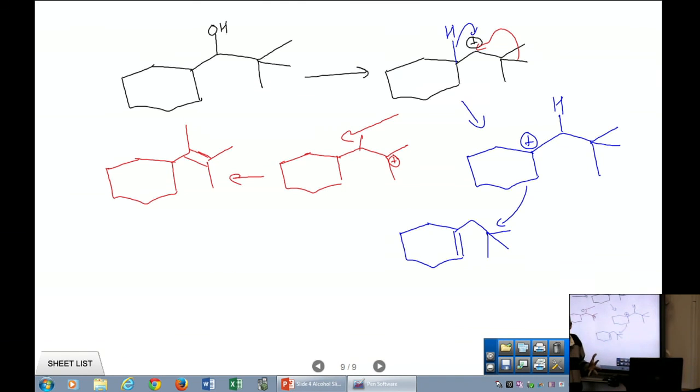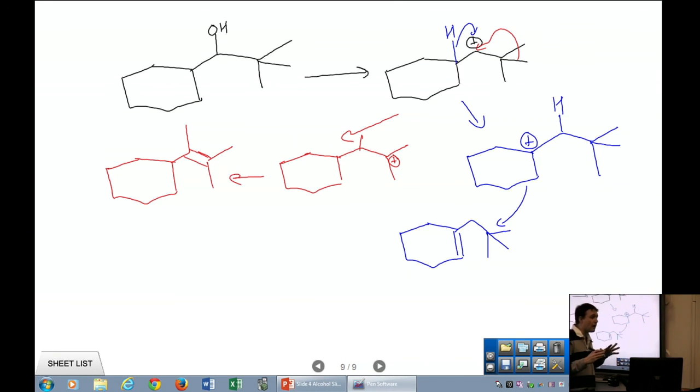So far so good. So we can turn alcohols into halides. We can turn alcohols into tosylates and then do SN2, E2 type chemistry with them. We can turn alcohols into double bonds with either sulfuric acid or with phosphorus oxychloride.